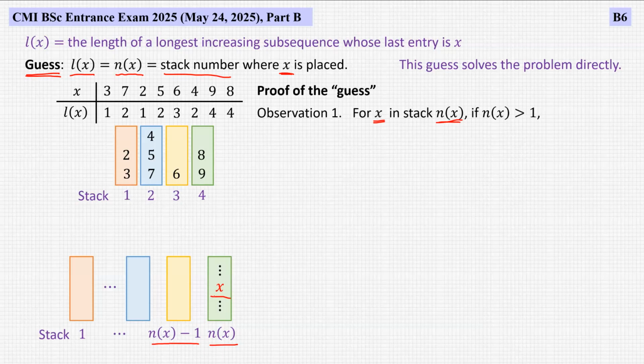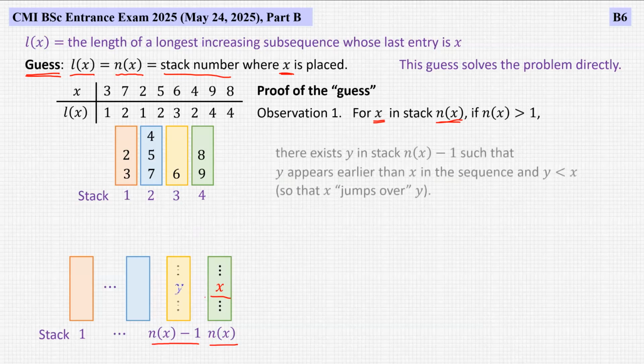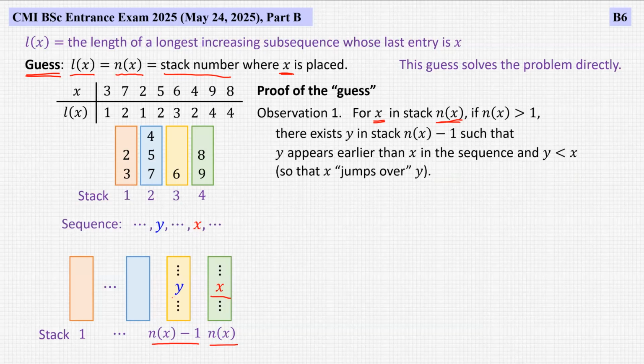This happens when x encounters a number smaller than x in that stack. So we can say that there exists a number y in the previous stack, which appears earlier than x in the sequence, and also smaller than x, so x jumps over this number y.